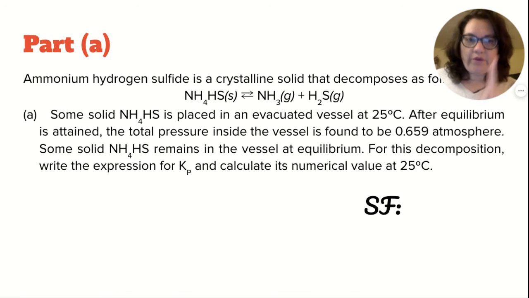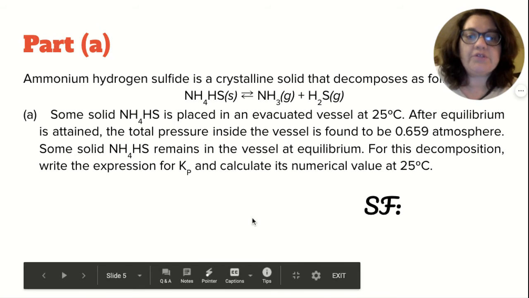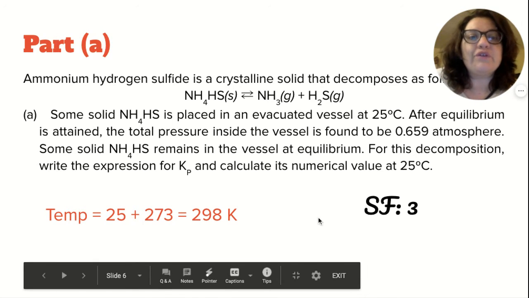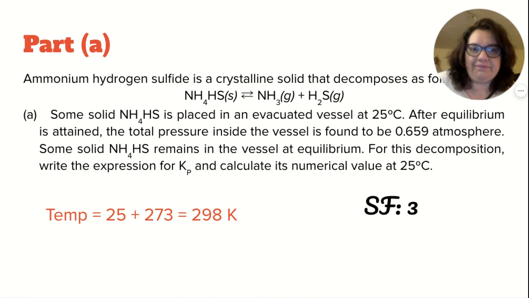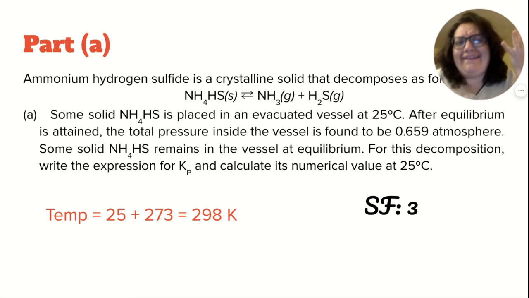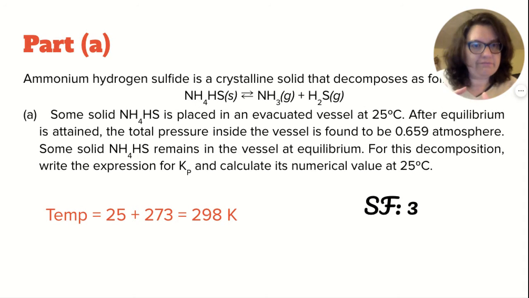However, hopefully you have been taught never to write down the temperature in Celsius. Always convert it to Kelvin. So the chemistry gods know that you are going to convert that to 298 Kelvin. So 25 degrees Celsius is 298 written in code. You look at it, you only see 2 significant figures, but in reality, we all know it's 298, and it's not 299 or 297, because the 273 isn't a precision thing.